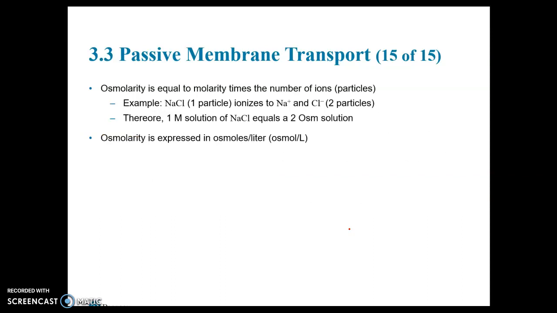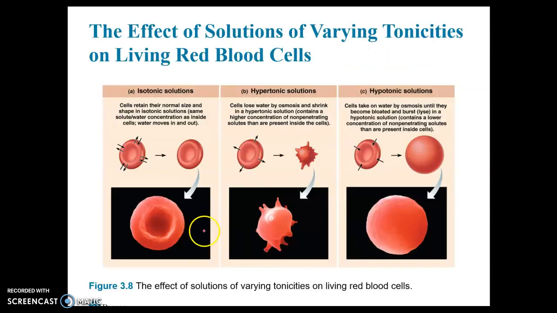All right. We have pictures here of what happens to a red blood cell placed in an isotonic solution. It looks nice and round and healthy. It hasn't gained water and it hasn't lost water. If the red blood cell is placed in a hypertonic solution, which is much more concentrated than the inside of the red blood cell, it's going to lose water and shrink.